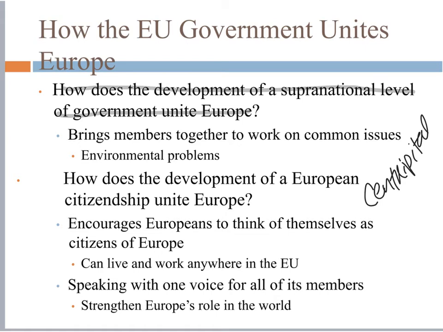In other words, all of Europe can be one common group working on environmental problems. They can all work on world problems. They can all work on economic problems together. This allows them, by all working together, to have a common unity.